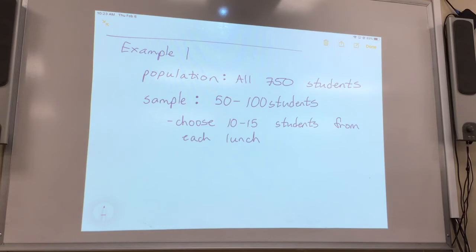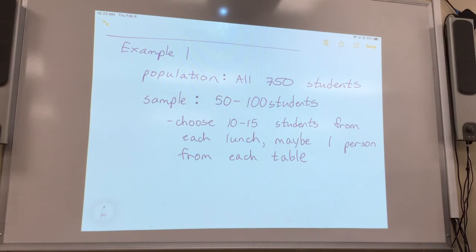And what he could do is go and ask one person from each table, from each lunch. And if he still doesn't have enough, he could go and ask one of the bigger tables, instead of maybe a small table with only 4 people. You go ask a table with like 10 people.